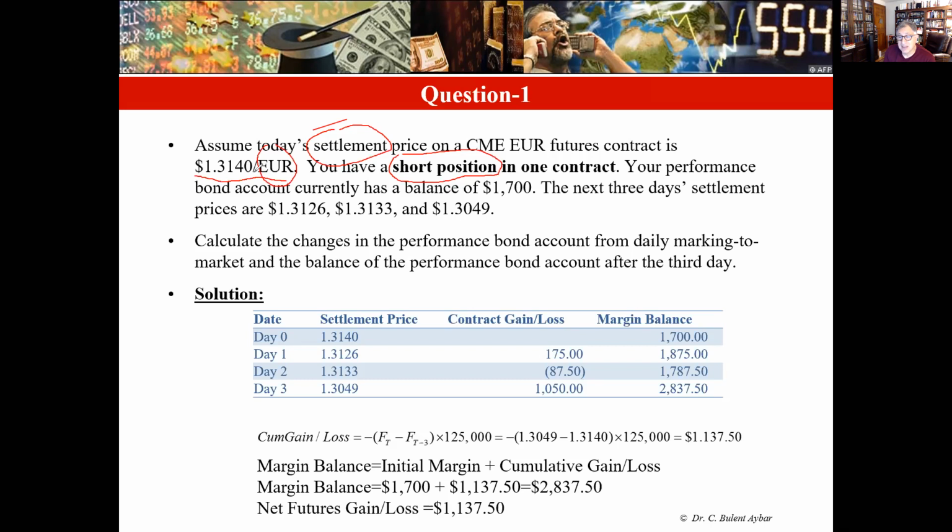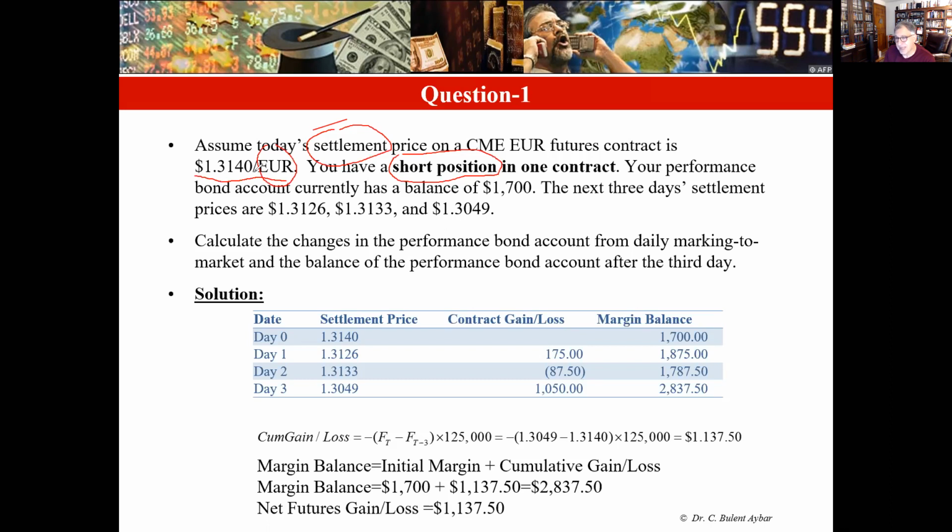If the price was higher than 131.40, as a seller of the contract you would make some money, and some money would be deposited into your account. As a result of that settlement, you have a balance of $1,700 in your account.